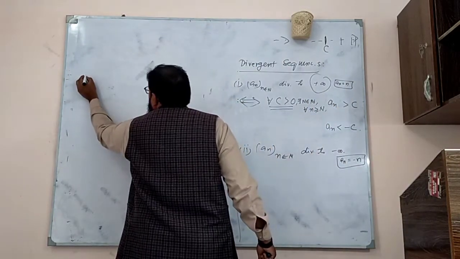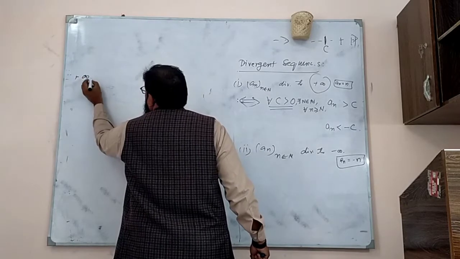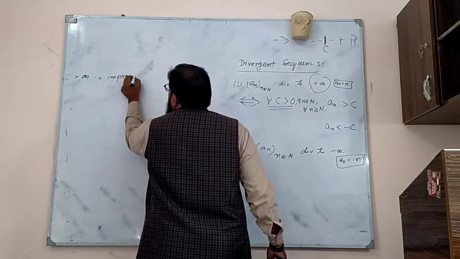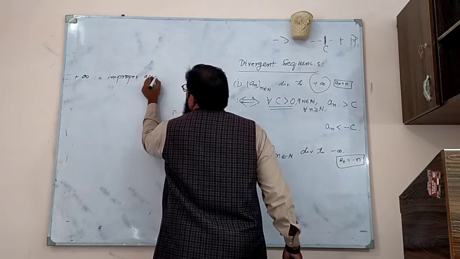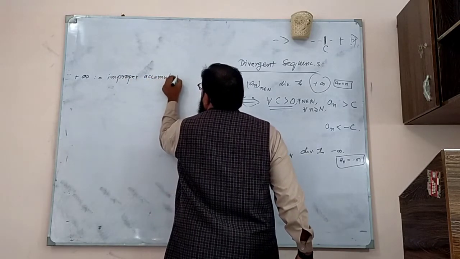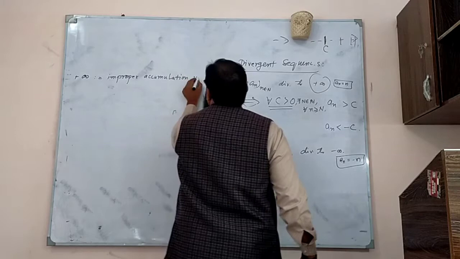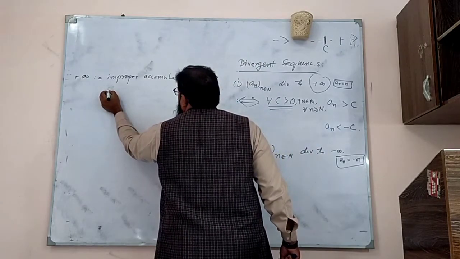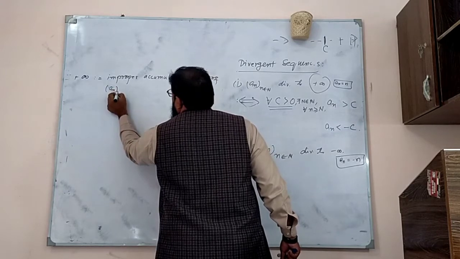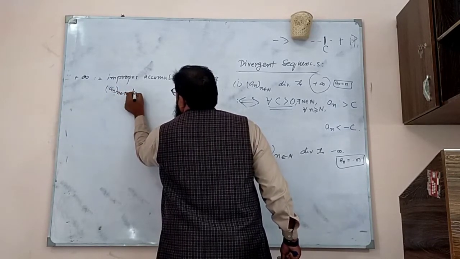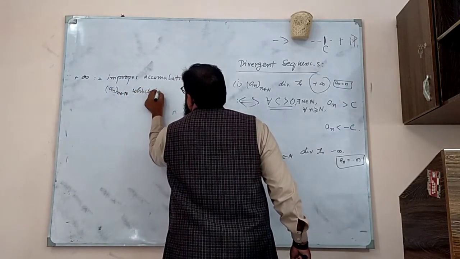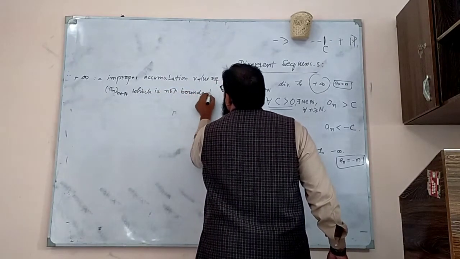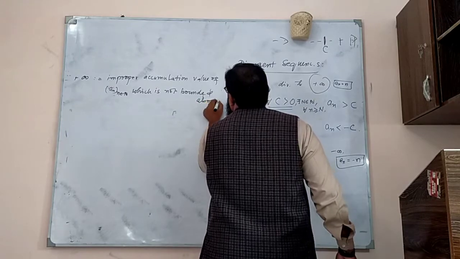And we call plus infinity an improper accumulation value of a_n, which is not bounded above.